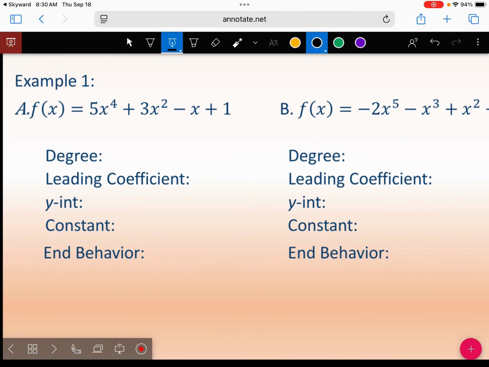Let's do the same thing. We got 2 functions. Go ahead, copy them down, each one. Now we're going to answer a few more questions about it: the degree, the leading coefficient, the y-intercept, the constant, and the end behavior.